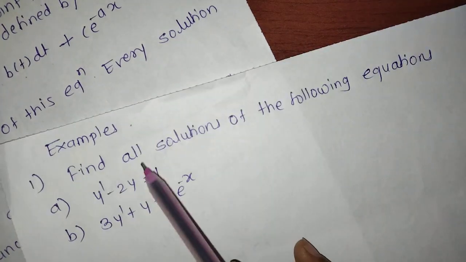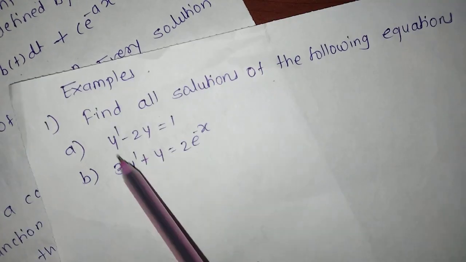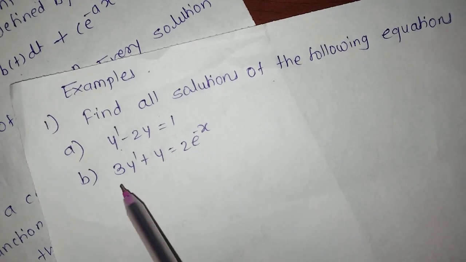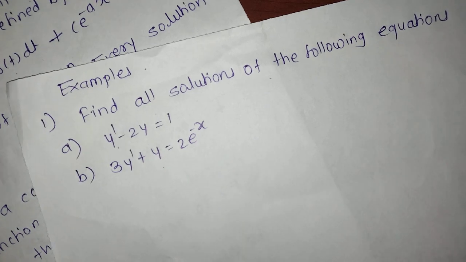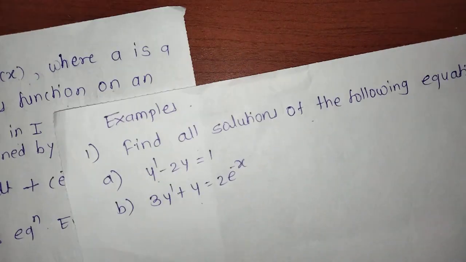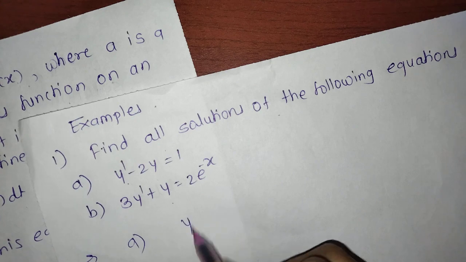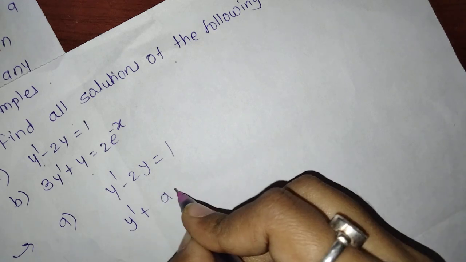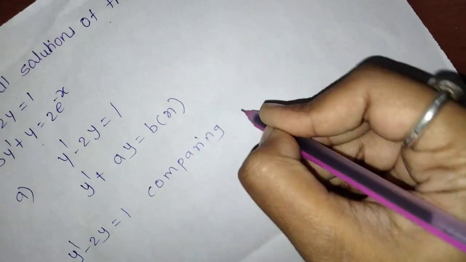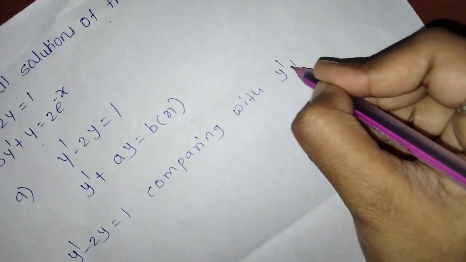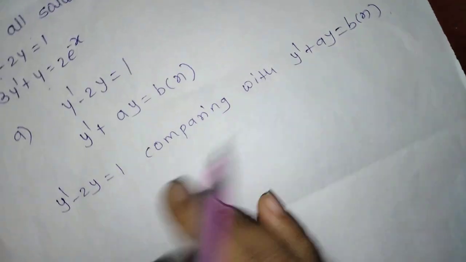Now there are some examples. First example: find all solutions of the following equations. First, y' - 2y = 1. Second, 3y' + y = 2e^(-x). Now here you can see that y' - 2y = 1 is in the form of y' + ay = b(x).